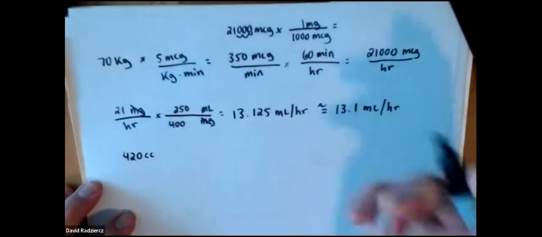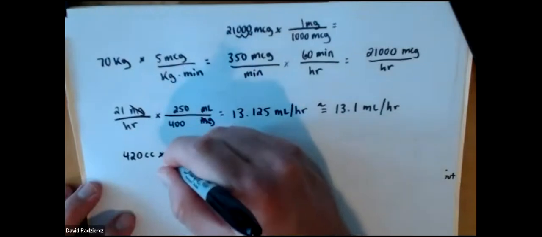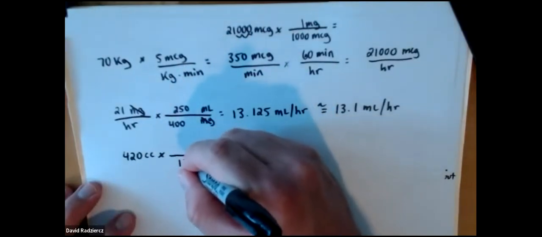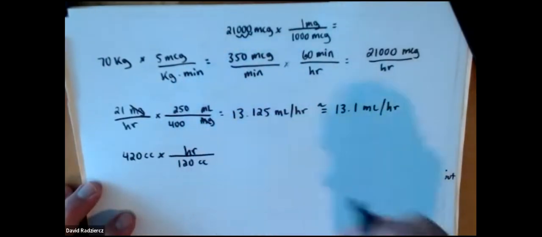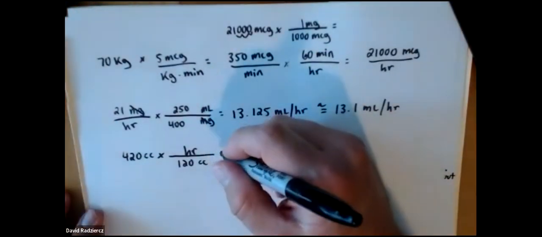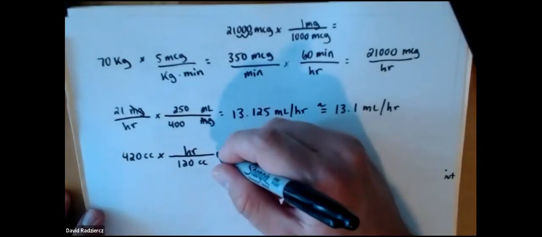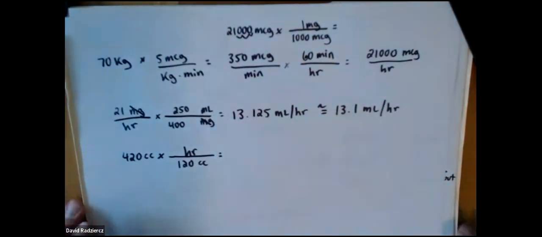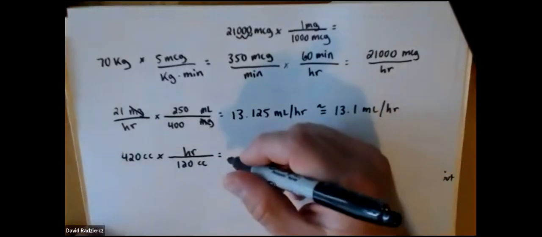So 420 cc's, and we're going to convert the cc's to hours. I'll give you another example of this, just to see if we can change what this might look like if it got a little bit confusing.